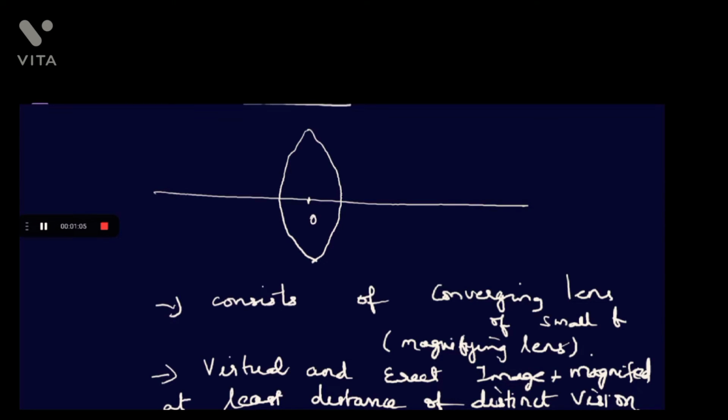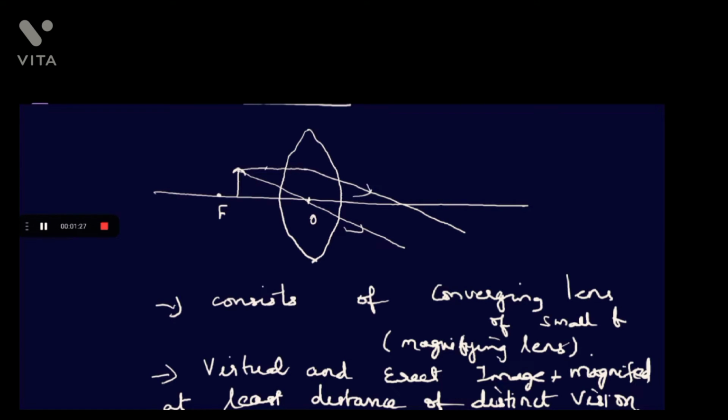So let us try it out in the diagram. First of all, the optic center is marked and this is your focal length, and you can place your object between the optic center and the focal length. The first rule: a ray parallel to the principal axis after refraction passes through the focus, and the second rule is a ray passing through the optic center.